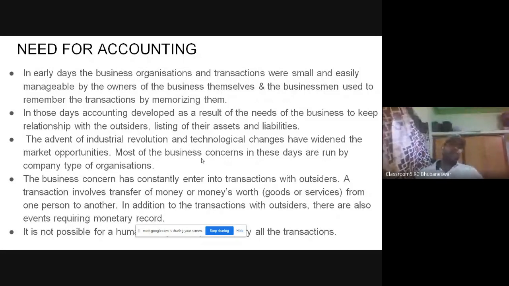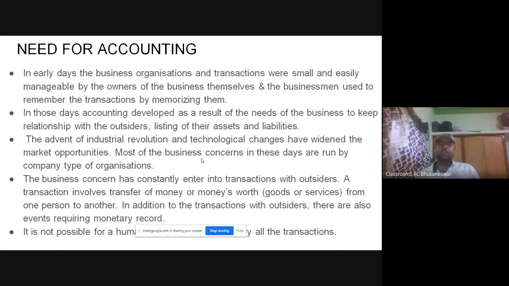We have different types of organizations, starting from sole trade, then partnership, then limited liability partnership, then the company form of business, and under company we have private and public. So different sets of companies or businesses are there. After the industrial revolution, most businesses started as a company form of business, not partnership or sole trade. If it is a company, it is large-sized.